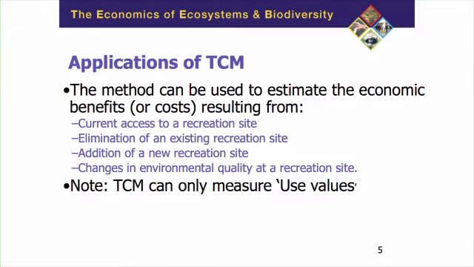Some more sophisticated versions are called the random parameters, random utility travel cost method. What that does is allow you to value different sites and look at the value of different attributes of that site. So if you're thinking about creating a new forest park, you can take information from the other sites and infer the value of a new park.